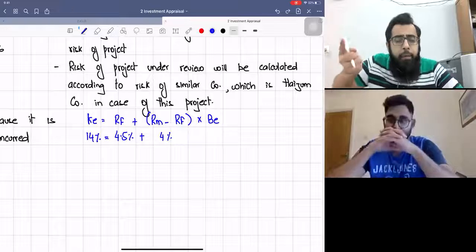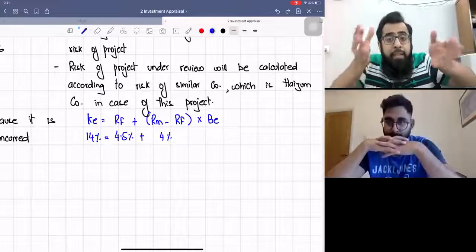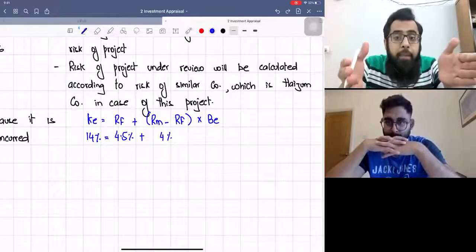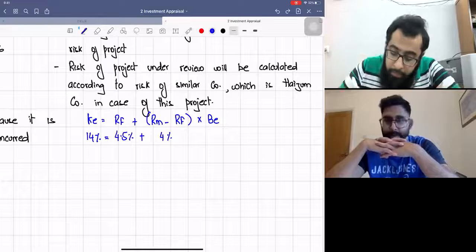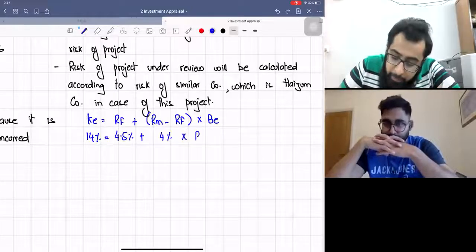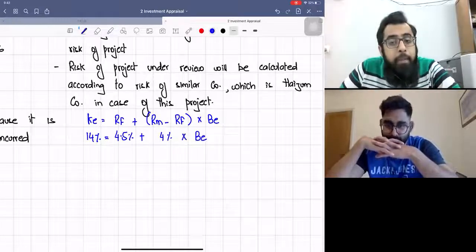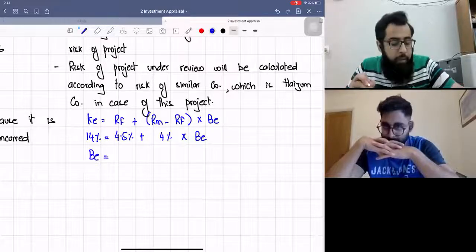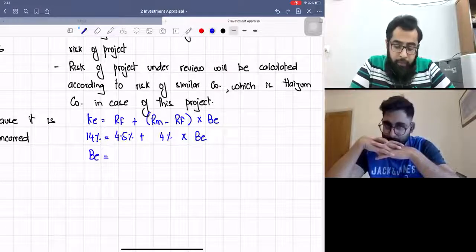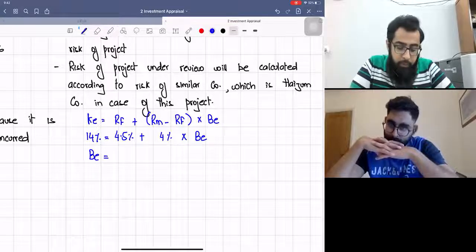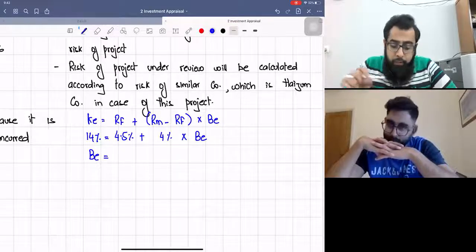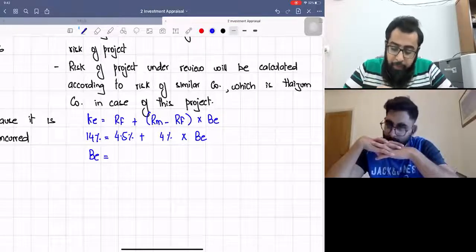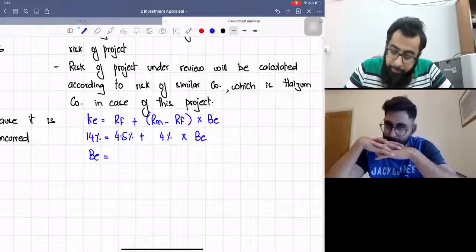RM is the market rate minus the risk-free rate, so that is the premium which the market demands. So 4% is the premium, multiplied by the beta equity. Through this, I can get the beta equity. 4.5 plus 4, so 8.5% multiplied by beta equity.